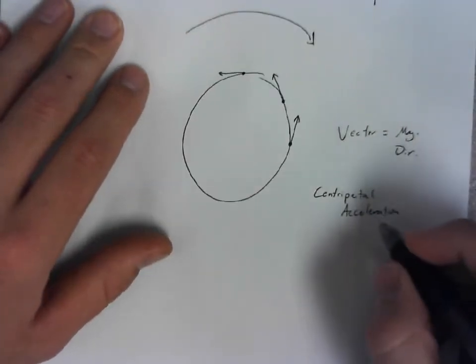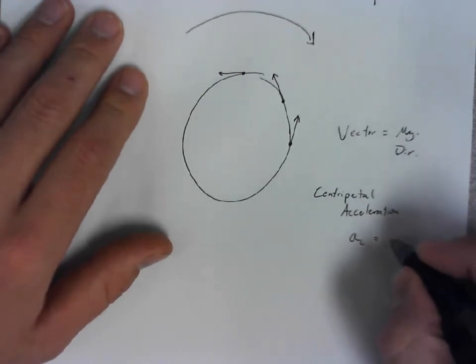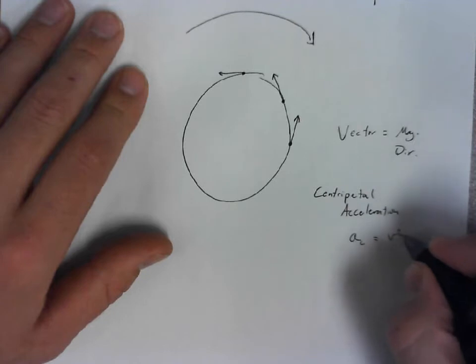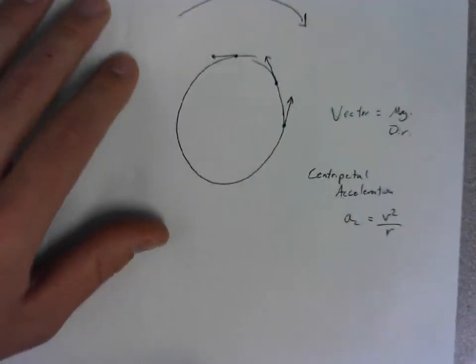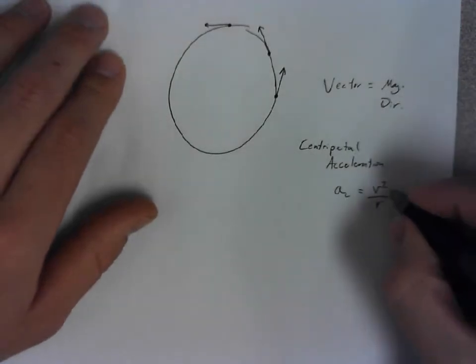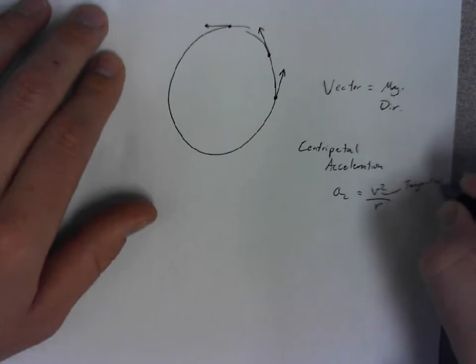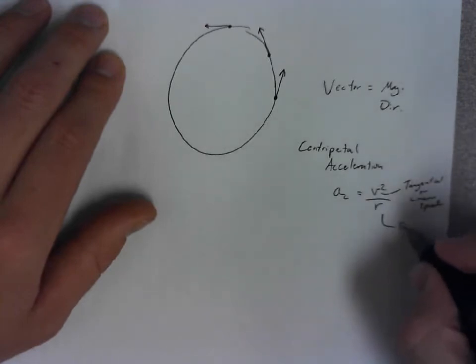A centripetal acceleration is equal, we'll go like a_c is equal to v squared over r. Now this v, this is our tangential or linear speed. And r is the radius of the circle.